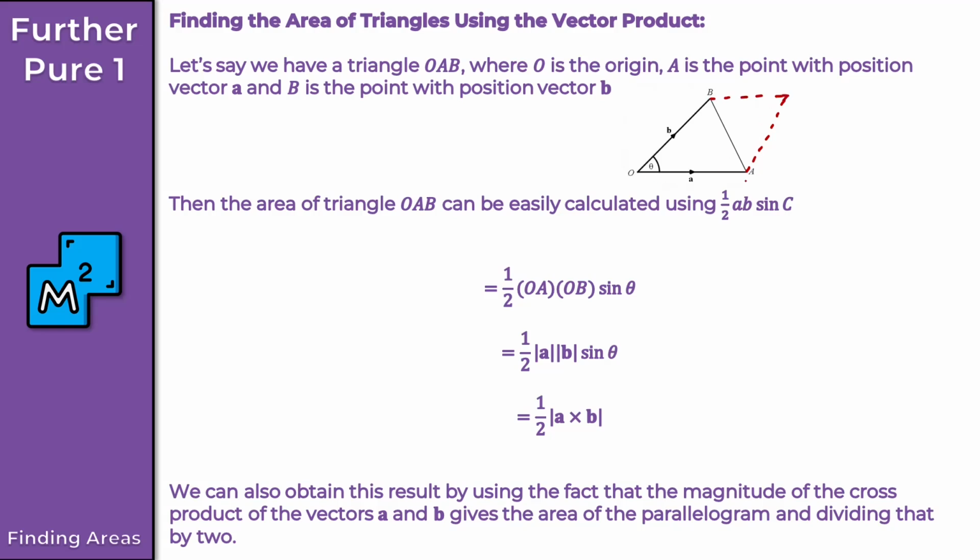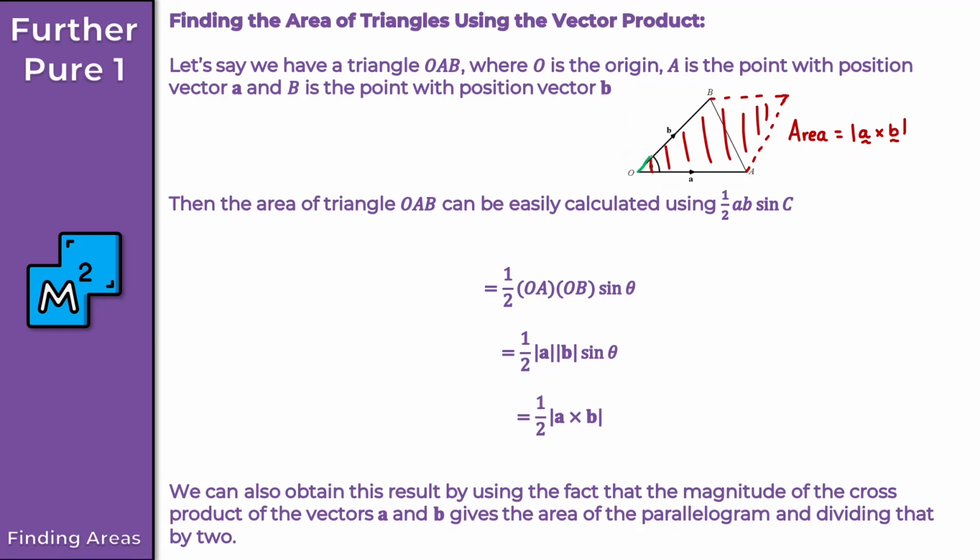As we can see, we have our parallelogram here. The area of this full parallelogram is the same as the magnitude of A cross B, so the vector A crossed with the vector B. Now, given that this is a parallelogram but we have a triangle, let me quickly do this in green.